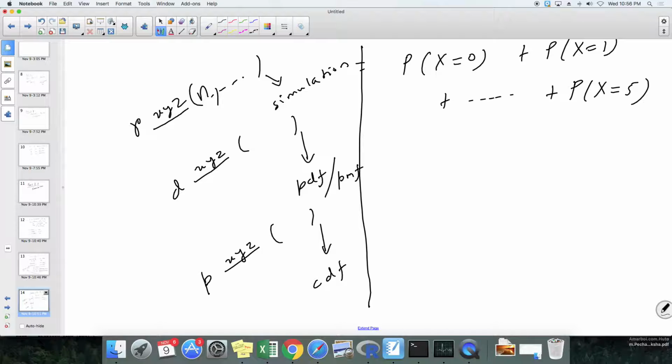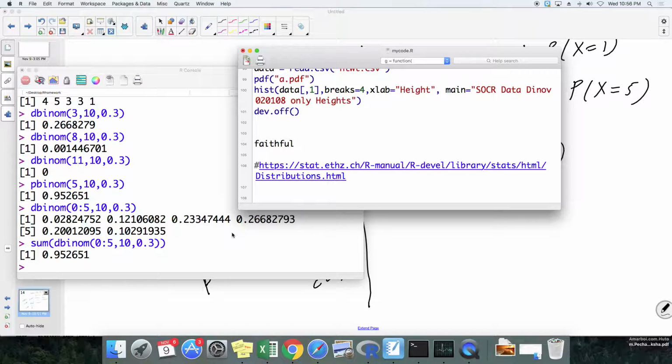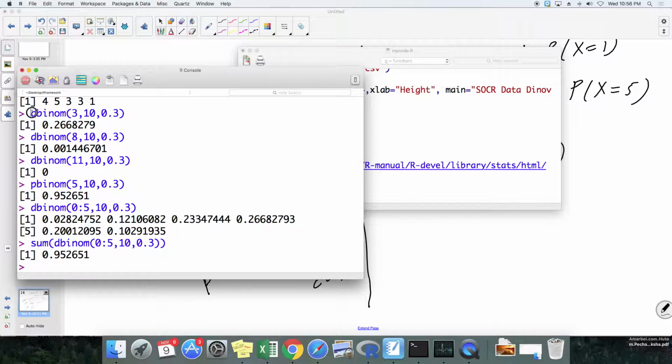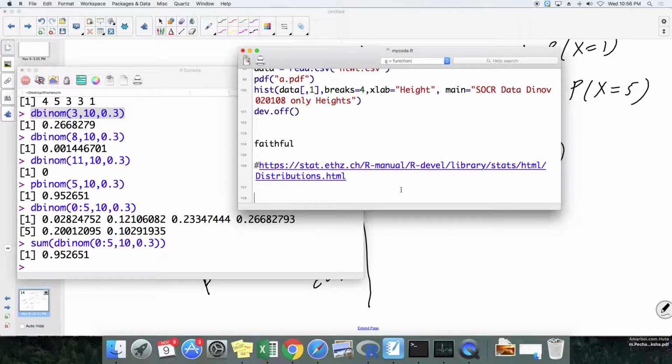For example, runif will simulate uniform random variables. As usual, sorry, let me copy these values for reference.